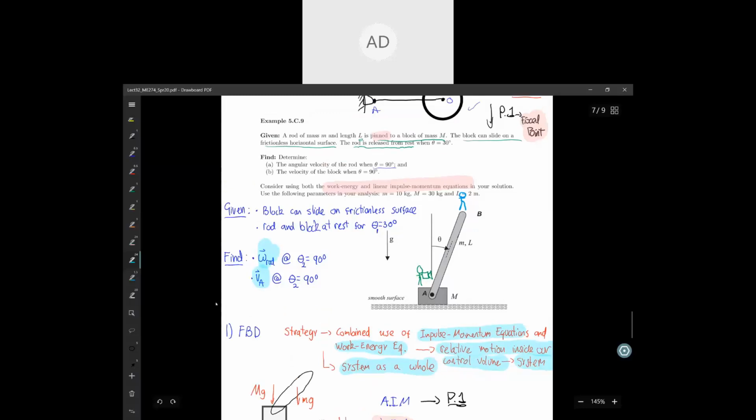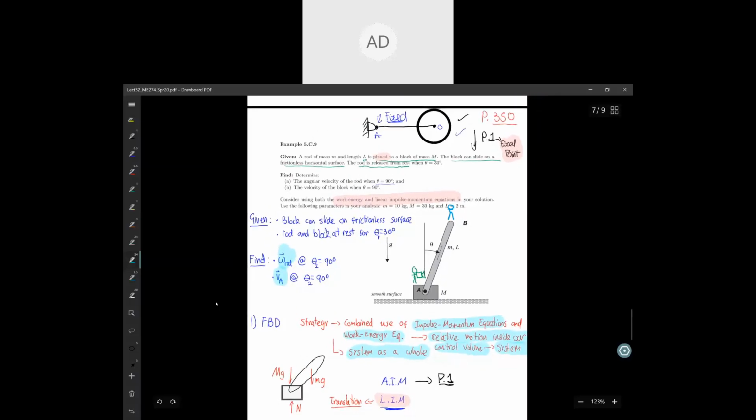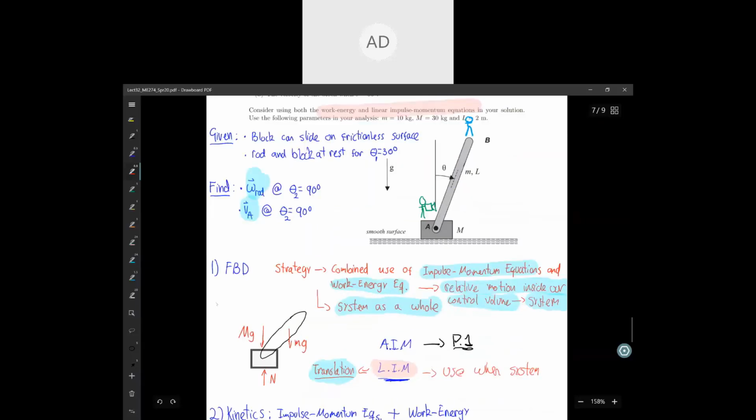And furthermore, we see that if our system has no fixed point, use linear impulse momentum. And if we have a fixed point, then you can use angular.